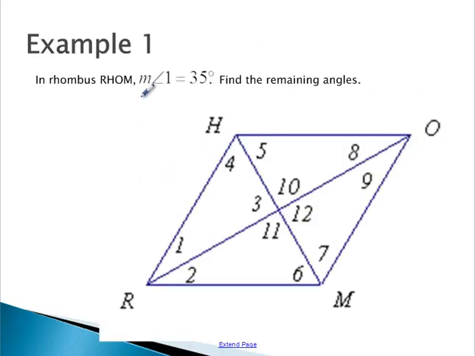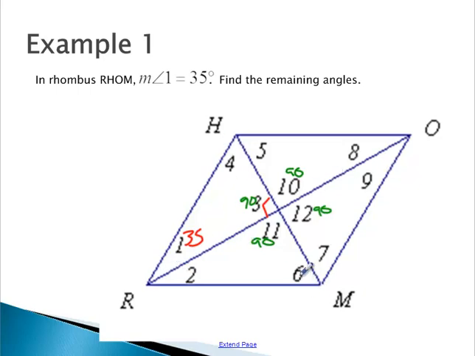So, if angle 1 is 35, find all the other angles. Because the diagonals form a right angle, I know all of these are 90, and 90 and 90.